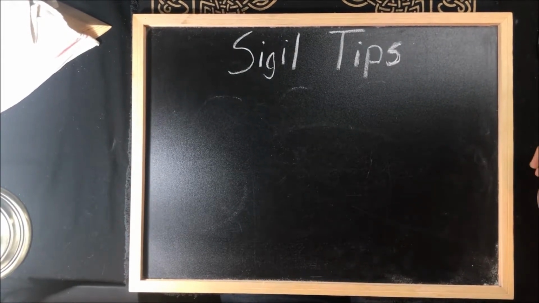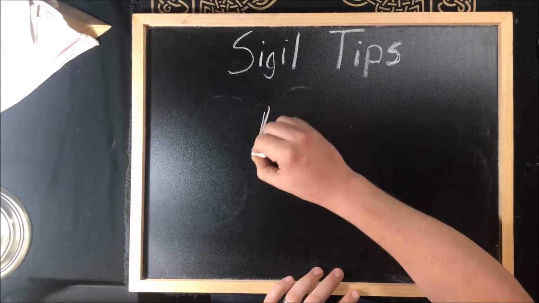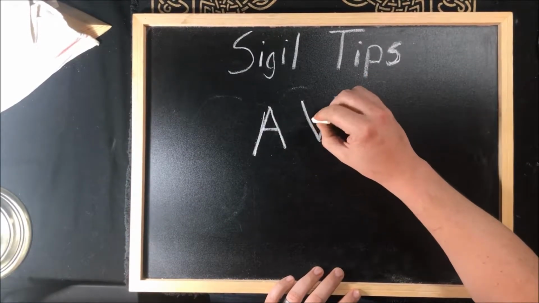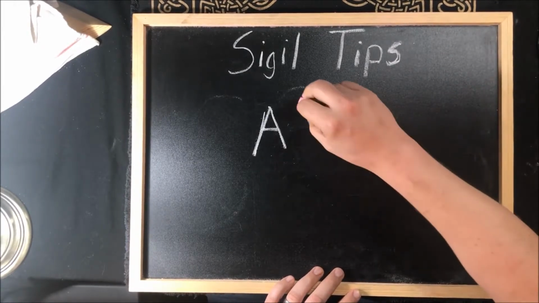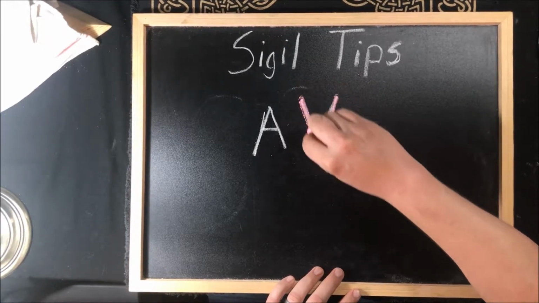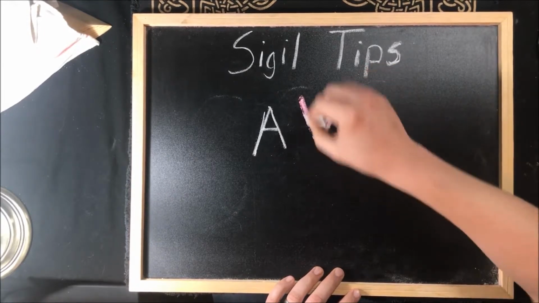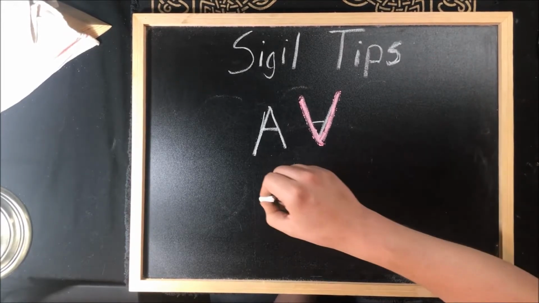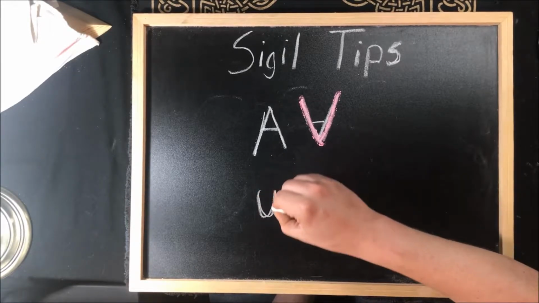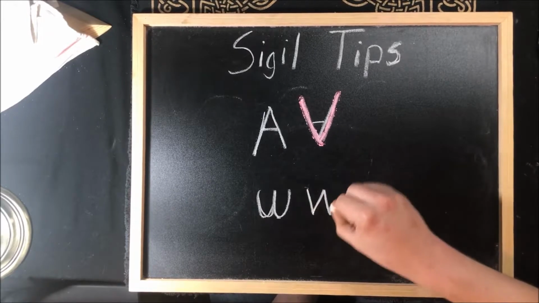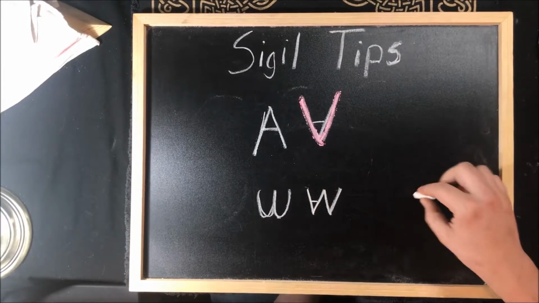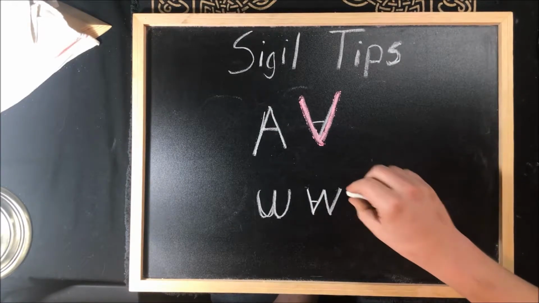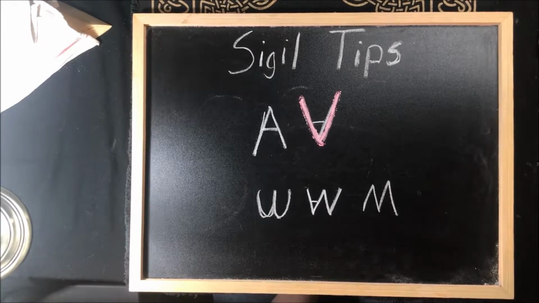And the last one I'm going to show you is your A. Now your A upside down is going to be your V. Sure, you don't use V's a whole lot, but you can use it as your letter V. Or if you don't like to have your W's as rounded edges like this and you went with the more straight, your A could be a continuation of a W. Same thing with the W, you can make it into an M if you want it the straight edges.